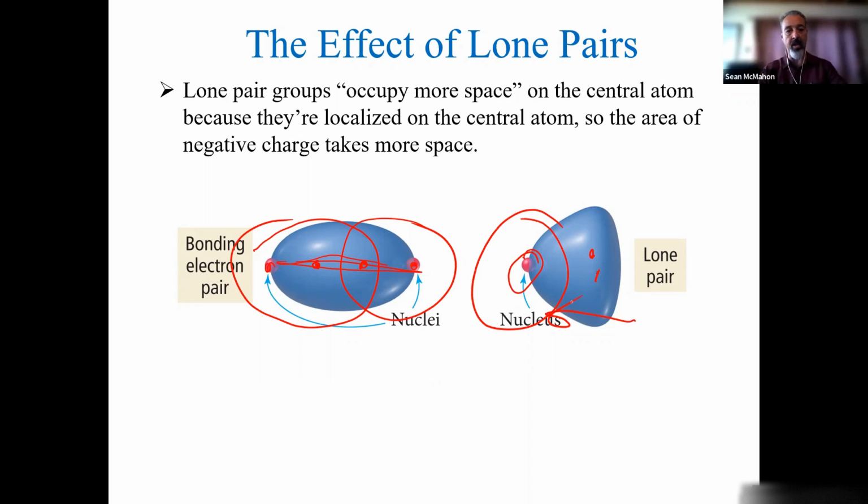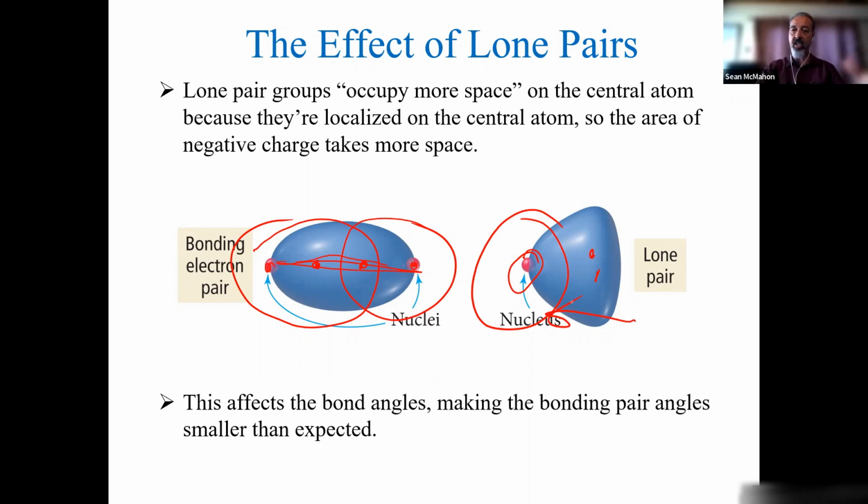Now, what does that mean? Well, they actually distort the bond angles and make them smaller than what you would expect. So what do I mean? Let's say I have 3 atoms attached. However, if one of them is not an atom and it's actually a lone pair, instead of being spread over 2 atoms, the central atom and an exterior one, now those 2 electrons are concentrated over the central atom.